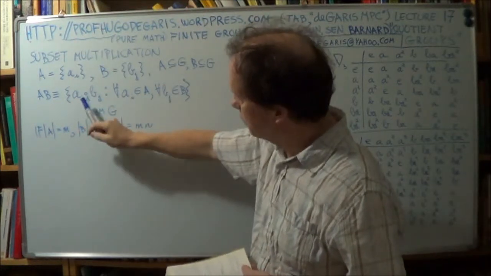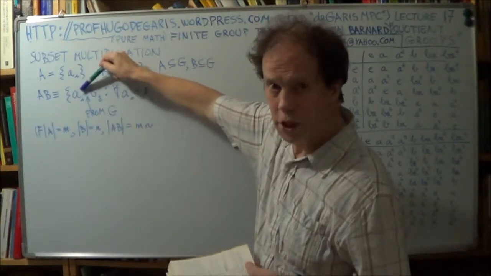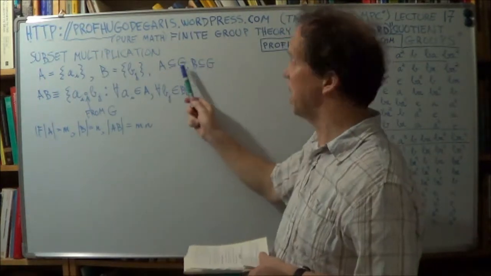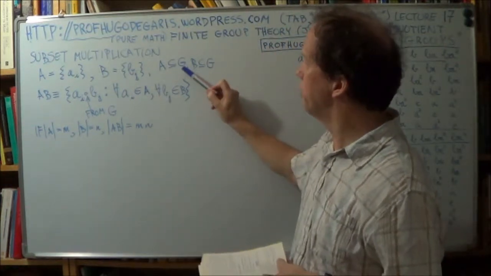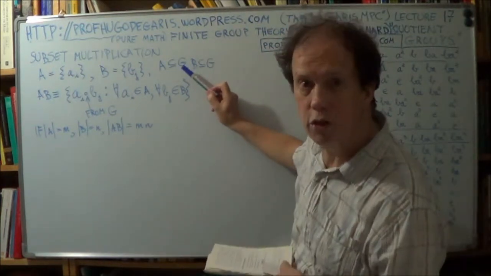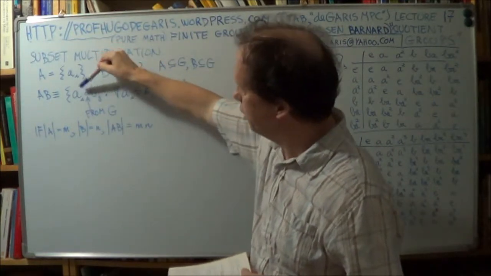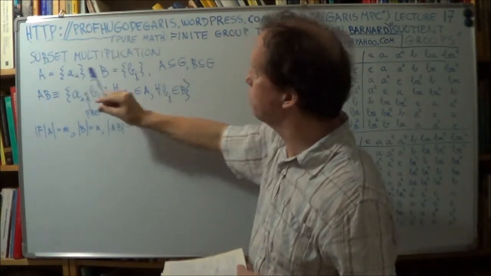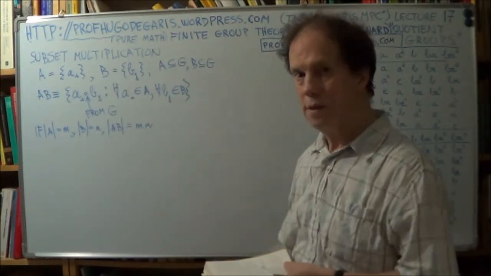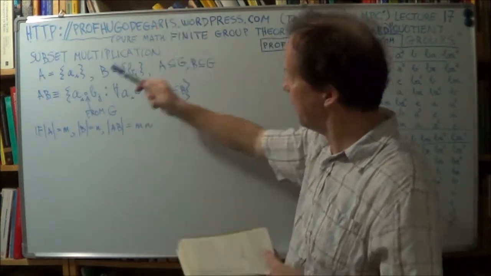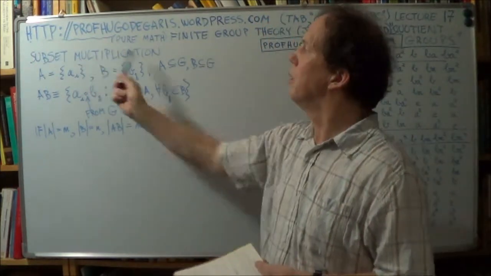And what's going on here is you take the binary operator, little circle here, from G. So this binary operation here is the binary operator of G, of your group. Okay? So you perform that binary operation on all possible ordered pairs of your two subsets. Okay? And that is what subset multiplication is. It's what I'm calling this.